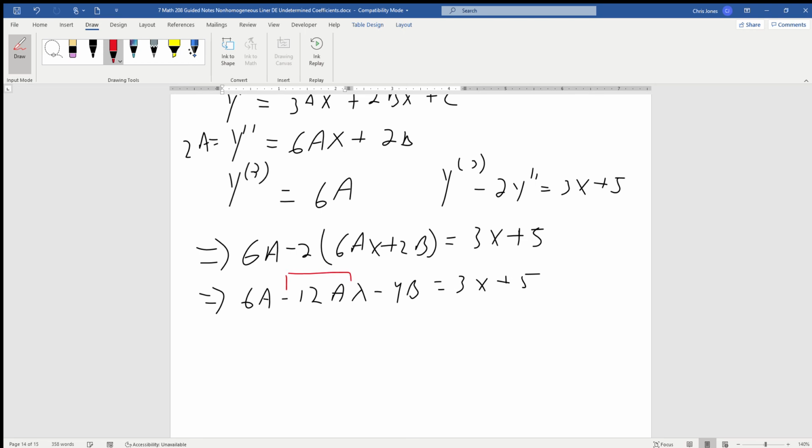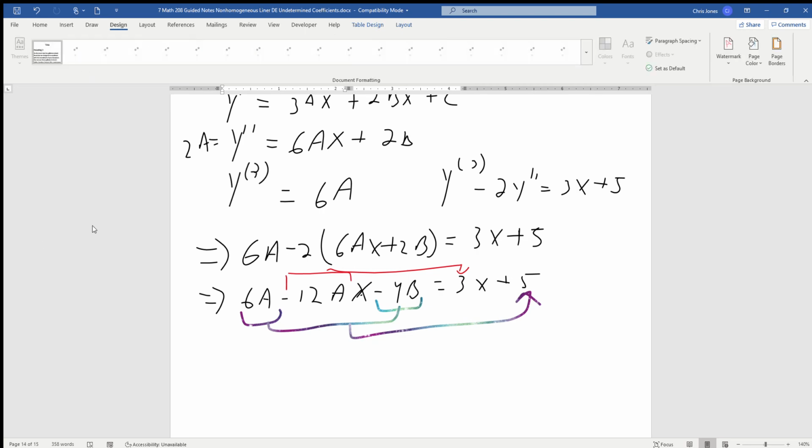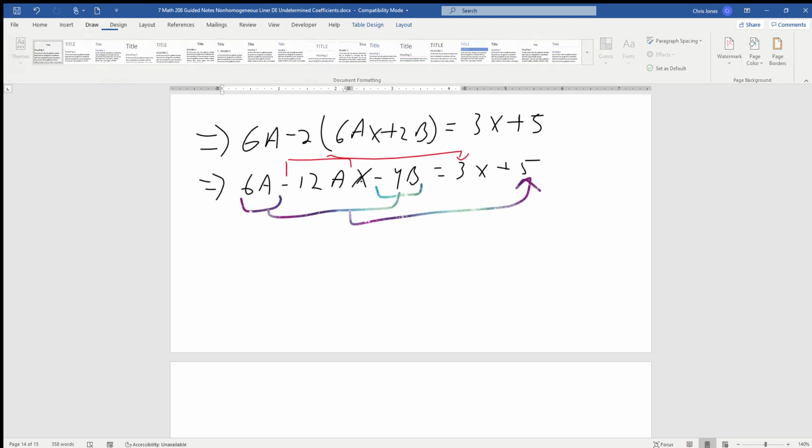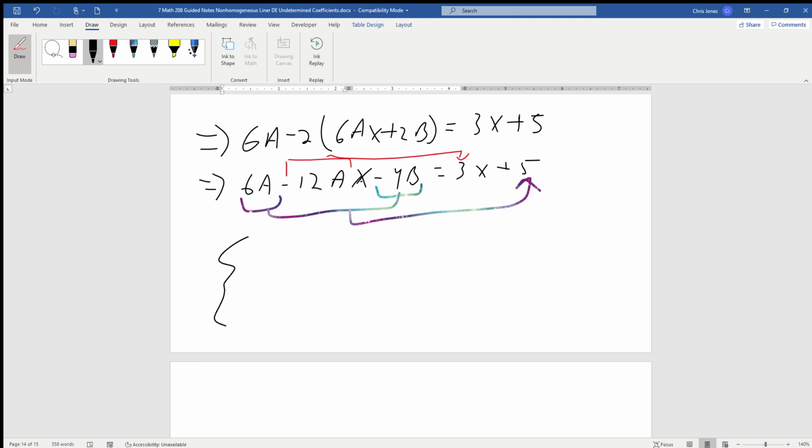The coefficient of x has to equal the coefficient of x, and the other constants have to equal 5. So we get our system, and one equation is really easy: negative 12a equals 3, and then 6a minus 4b equals 5. Clearly, a is negative 1/4 from the first equation.